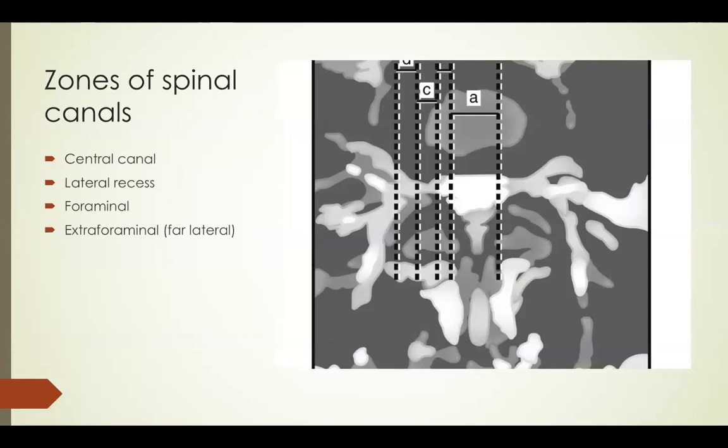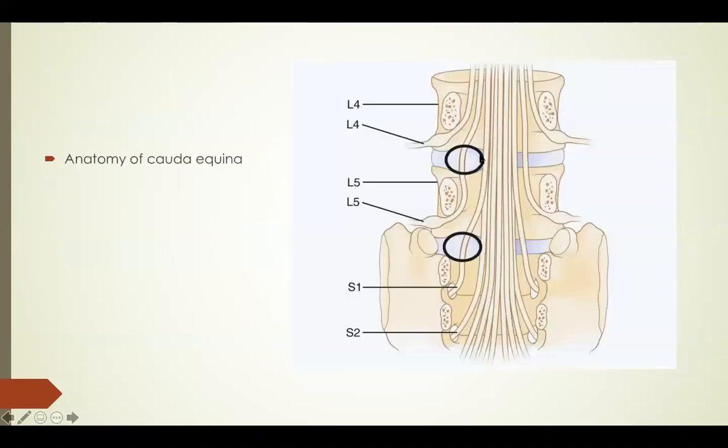So these are the zones that I mentioned. I can go from the previous figure. So here the zones are here. This is your dura boundary here, and one dura is here. From dura to dura is your central canal. From the lateral edge of the dura to the medial edge of the pedicle is your lateral recess. From the medial wall of the pedicle to the lateral wall of the pedicle, that's your foramen.